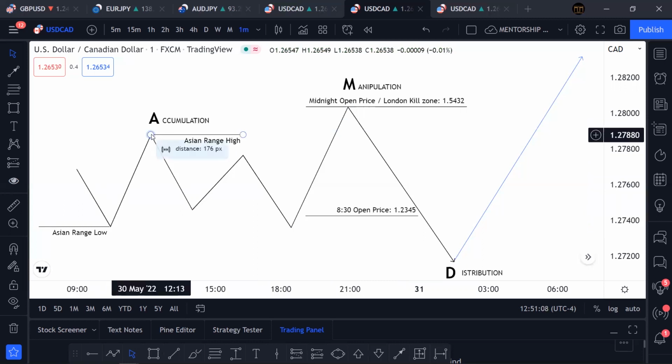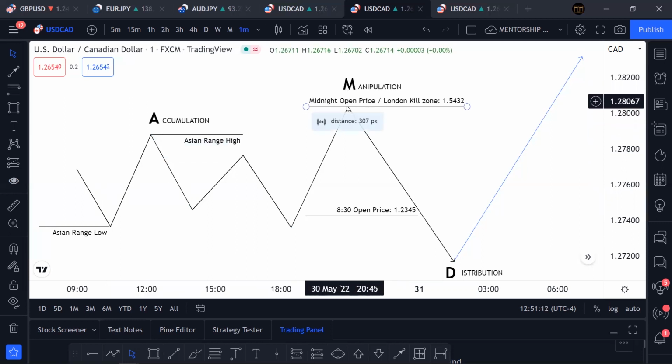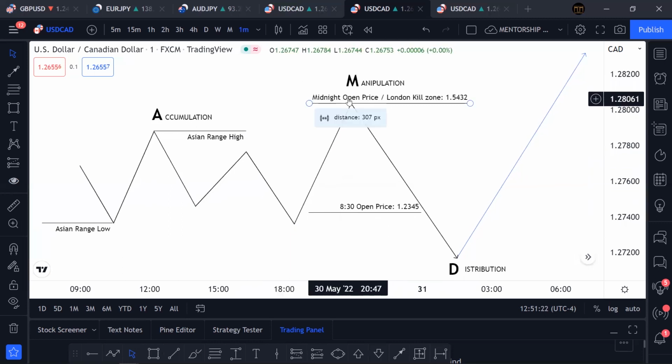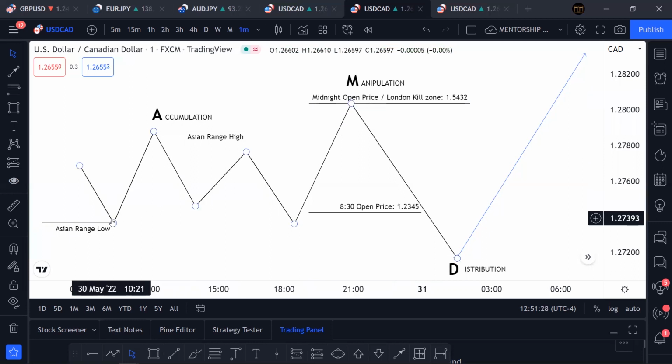Once we run above the Asian range high, that retracement is the manipulation, and you should expect this manipulation to run below the Asian range low. On such a day, we are running below the Asian range lows.